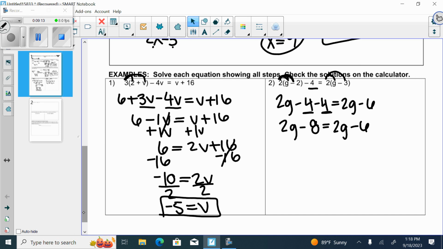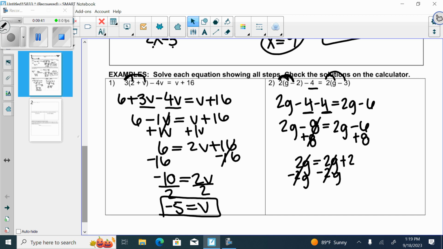And then after you combine like terms, you do the plus 8. Okay. So we're going to add 8 to both sides. So 2g equals 2g plus 2. And then after you do minus 2g, right? What is 2g minus 2g though? 0.